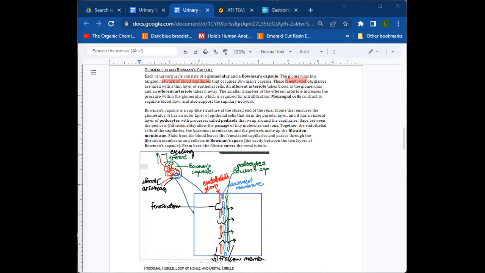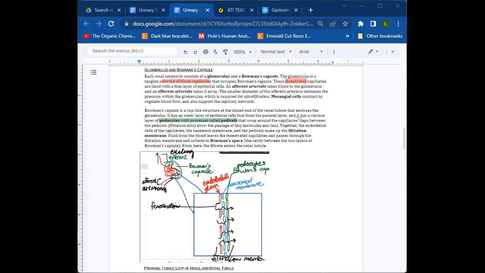Okay, and then basically we need to know that the podocytes of the Bowman's capsule have processes that are called pedicles that wrap around the capillaries.